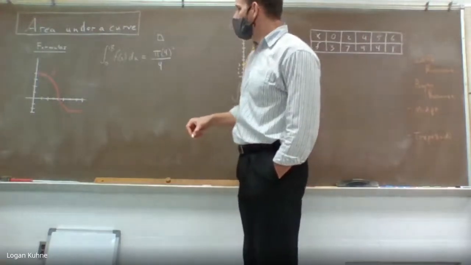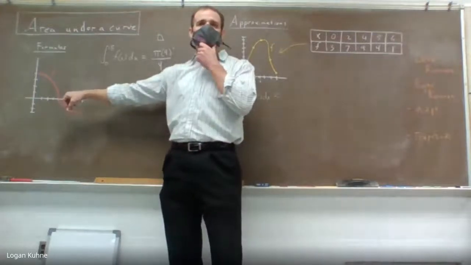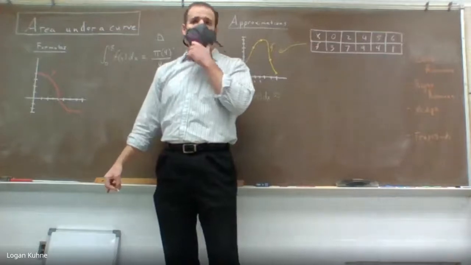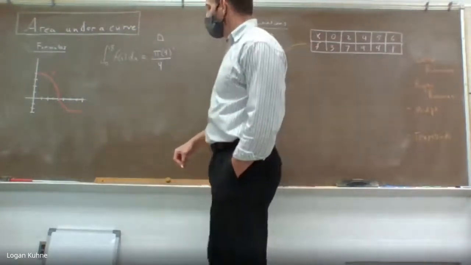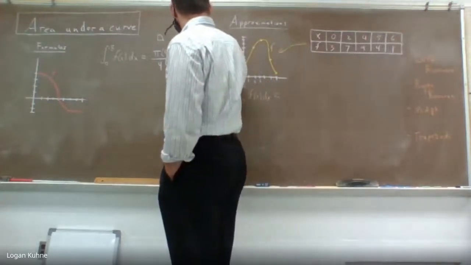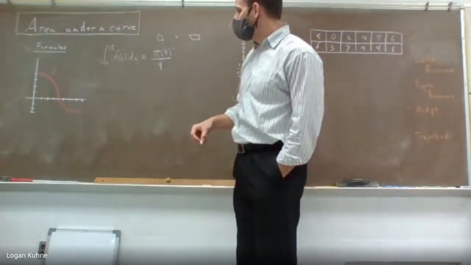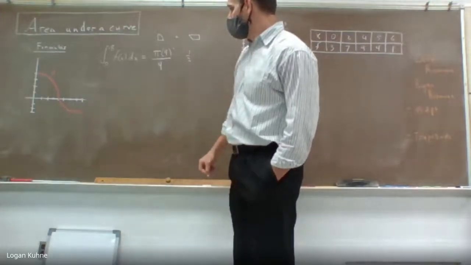And then we got, what did you do down here? Did you do a triangle or a rectangle, or did you do a trapezoid? Either one works, I'm just asking. Trapezoid? Okay. So if we do a trapezoid, we do 1/2 base 1.